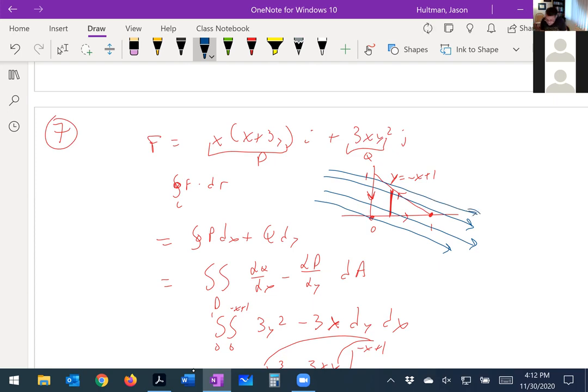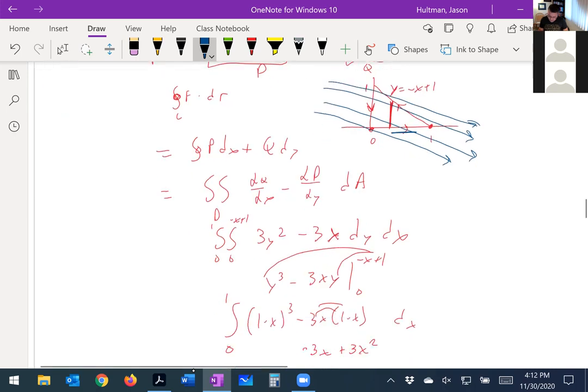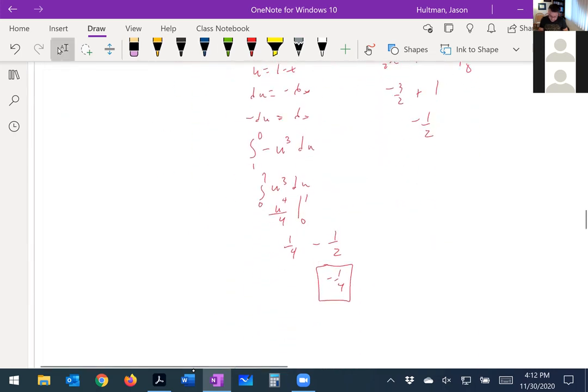Maybe it's positive in this direction, but then we're moving against it in this direction, and then against it in this direction. So we're moving against the flow of water, say it's water, we're pushing against it, and so work ends up being negative.